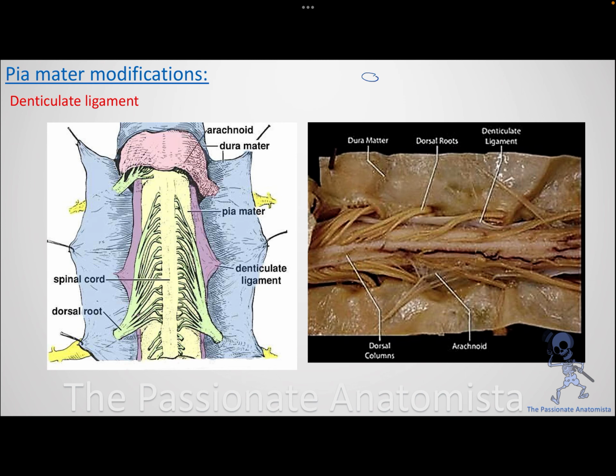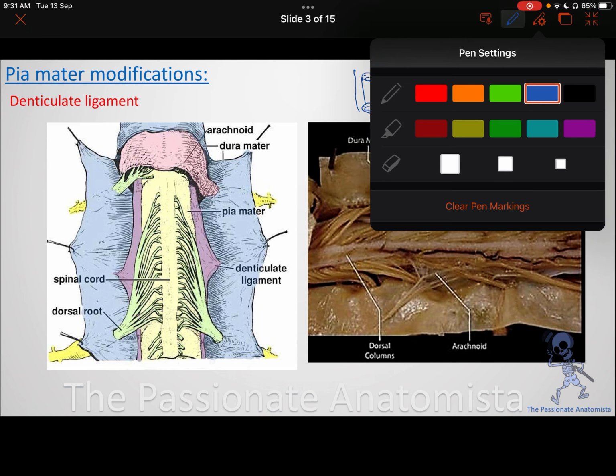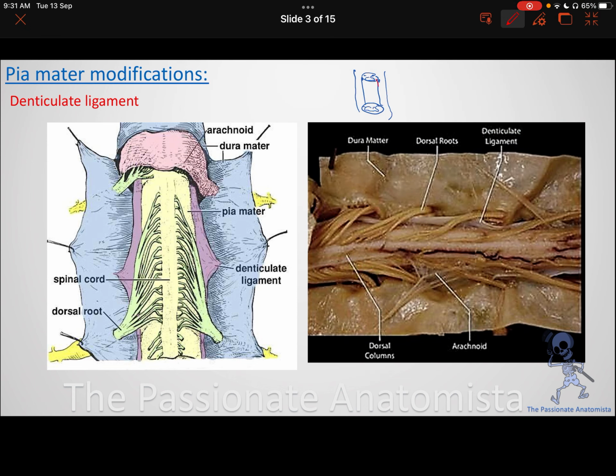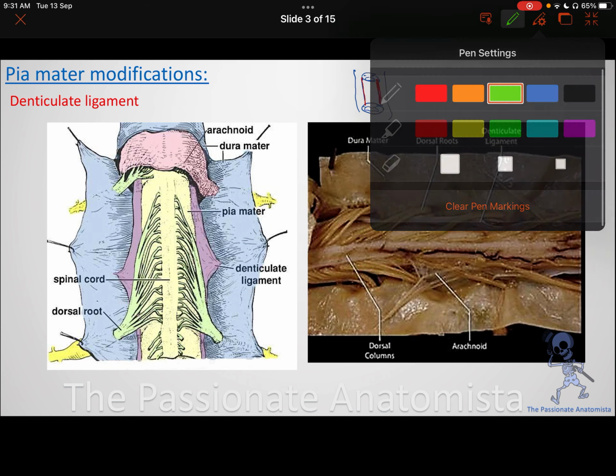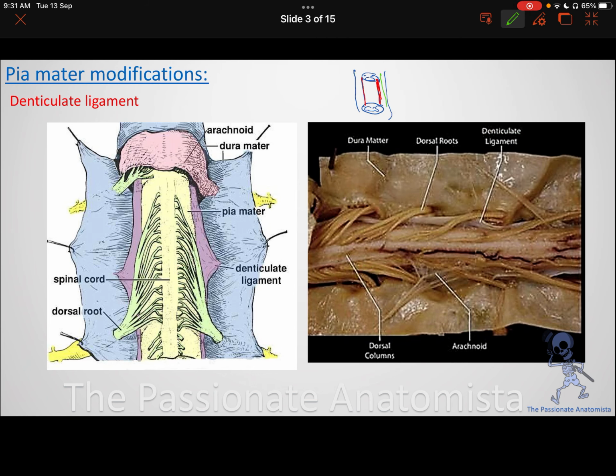Why do we need the modifications? Think about your spinal cord that is running in the vertebral canal. All right, so here is the spinal cord and here is the vertebral canal. Now, I have an outside layer, which is the pia mater that is intimately attached here, and I know that there is the dura mater outside, and filling in the gap is the arachnoid.